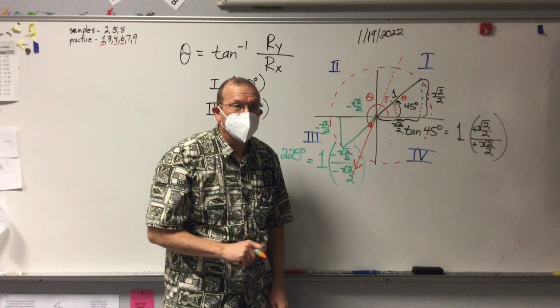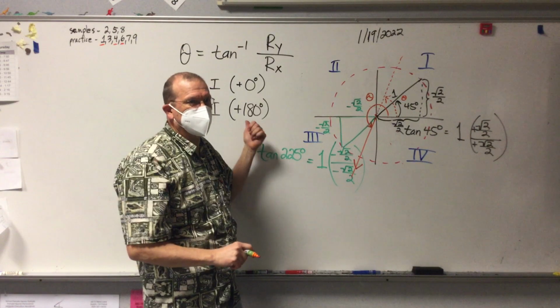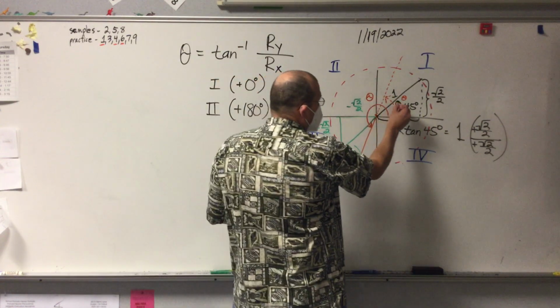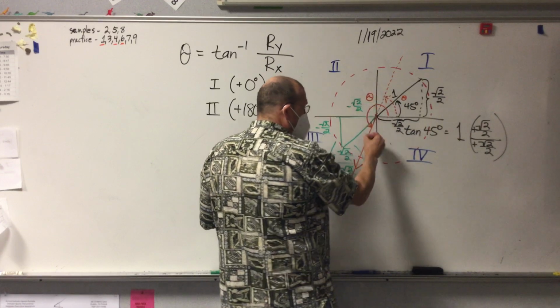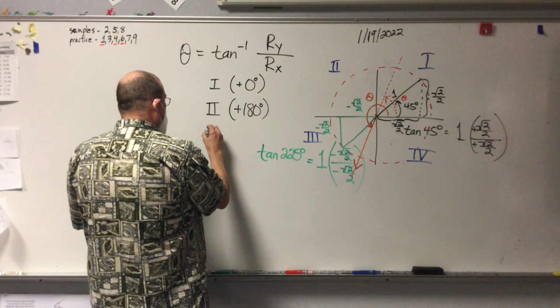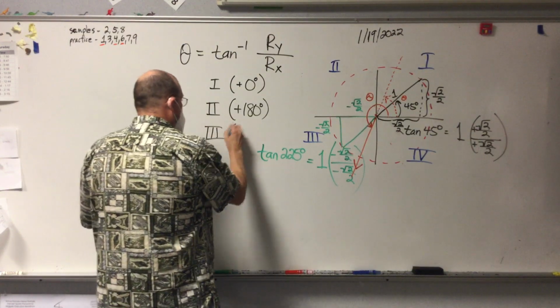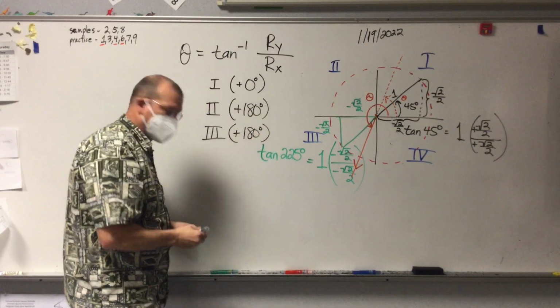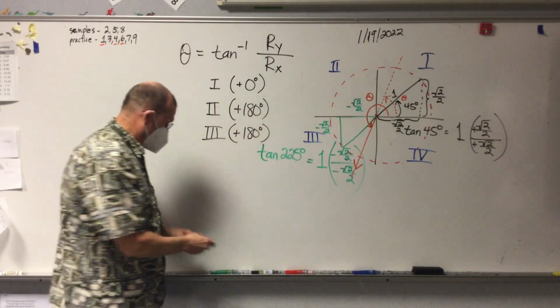Add 180. And we're going, wow, that's just what we did on the last quadrant. It's like a duplicate. This one here is 180 degrees further around. So if you are in quadrant 3, you add 180 degrees.